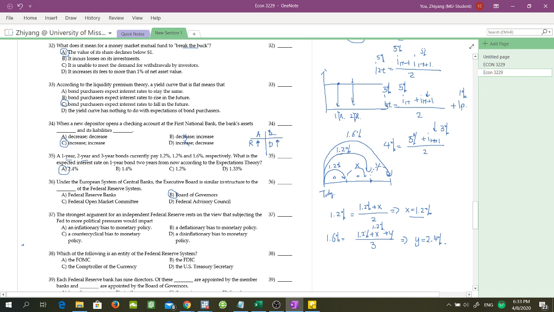Question 37. The strongest argument for an independent Federal Reserve rests on the view that subjecting the Fed to more political pressures would impart what? Okay. So, if you hear President Trump nowadays, he's been arguing for a couple of things. The first thing is that we need to lower the interest rate. Right now, the Fed pushes to 0, but without this coronavirus thing, they didn't plan to reduce the interest rate, right?